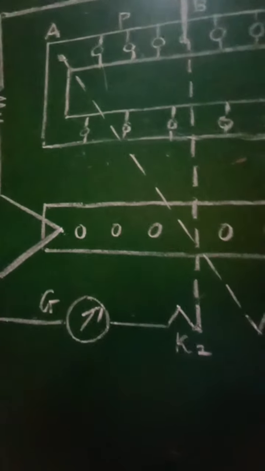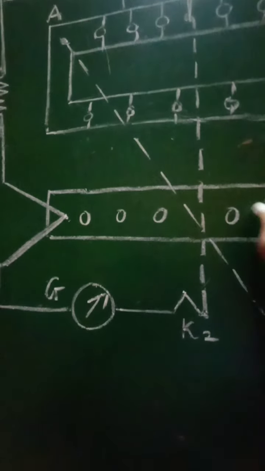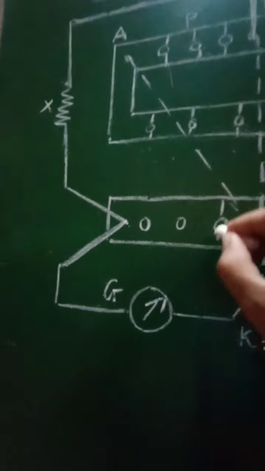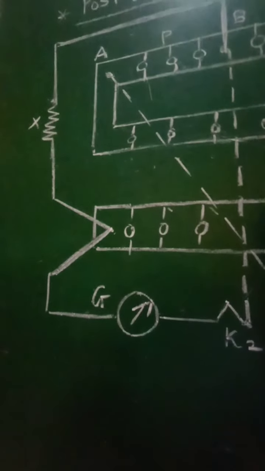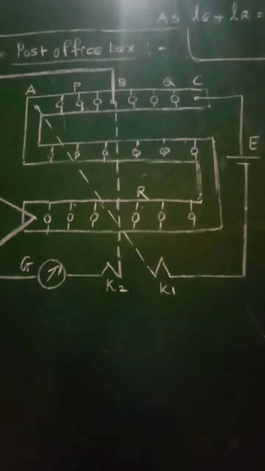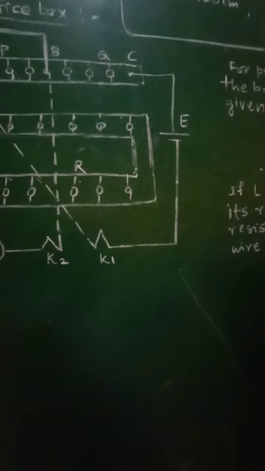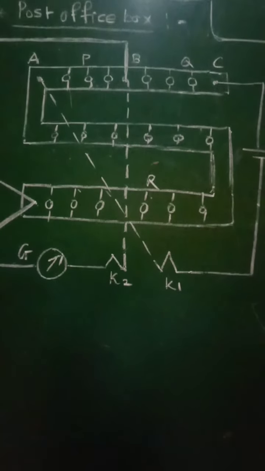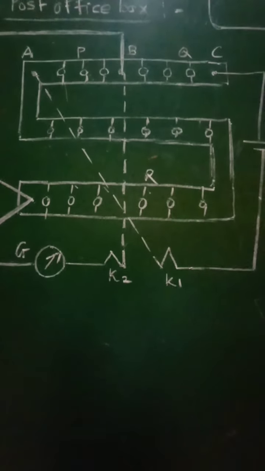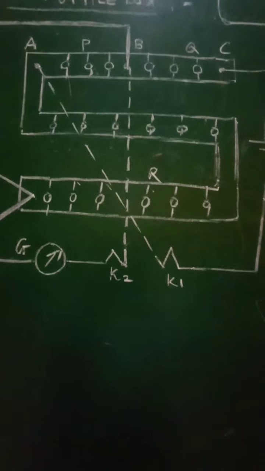So this post office box will be having three parts of resistances P, Q and R. The resistances in these three arms are adjustable. In P, Q and R we can adjust the resistances.